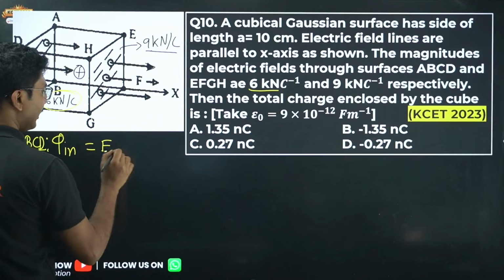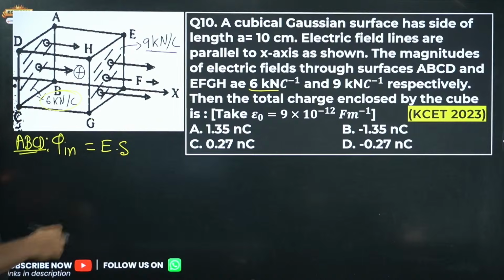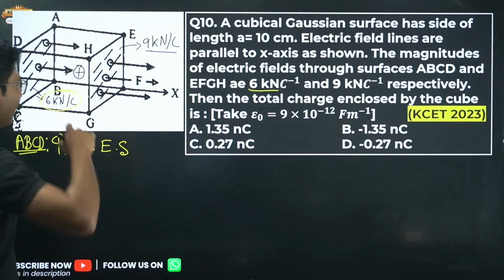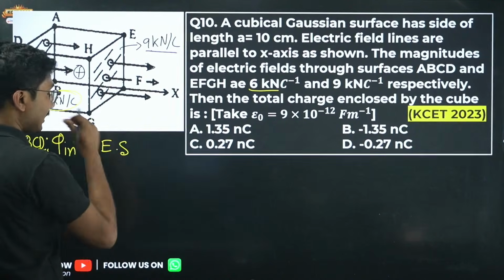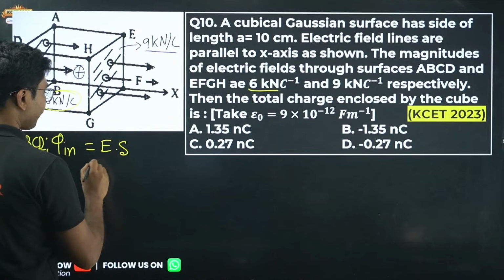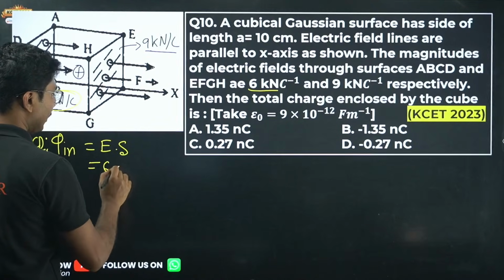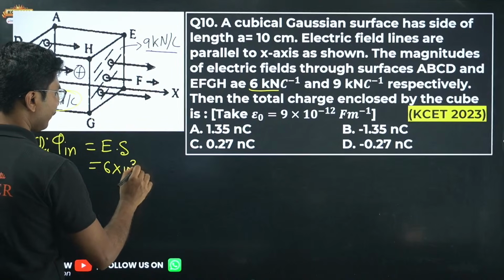So electric field into surface area is the net flux. It's a plane surface, the angle is the same, so theta is 0, so cos theta is 1. Electric field is 6 kilonewton per coulomb, and kilo means 10 to the power of 3.